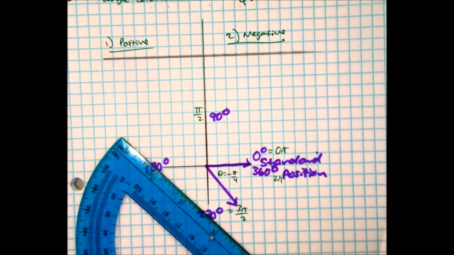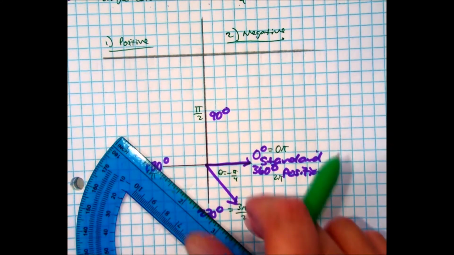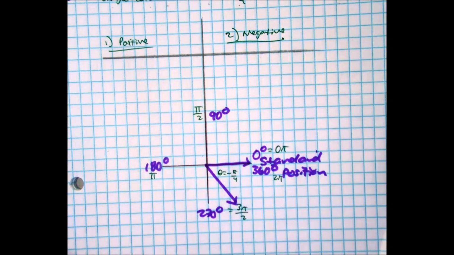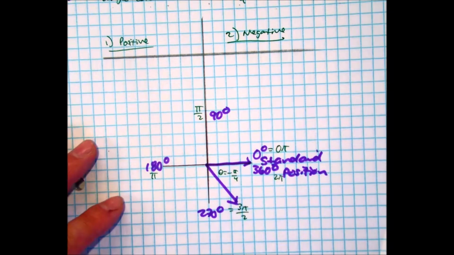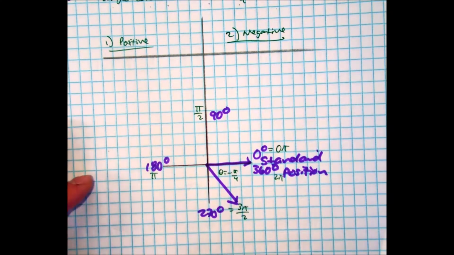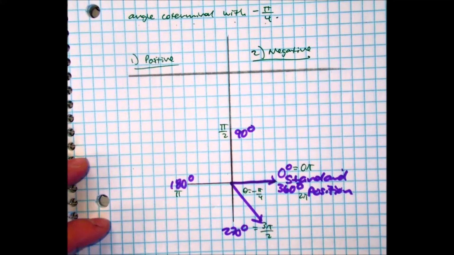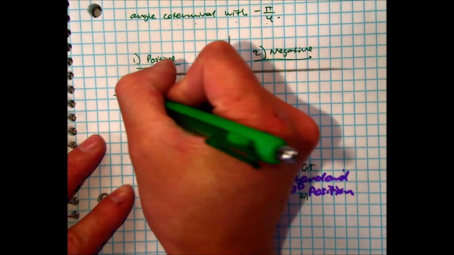So our two coterminal angles are both going to end up in quadrant 4. Okay, so that gives us a visual of where I should end up. So I have negative pi over 4.